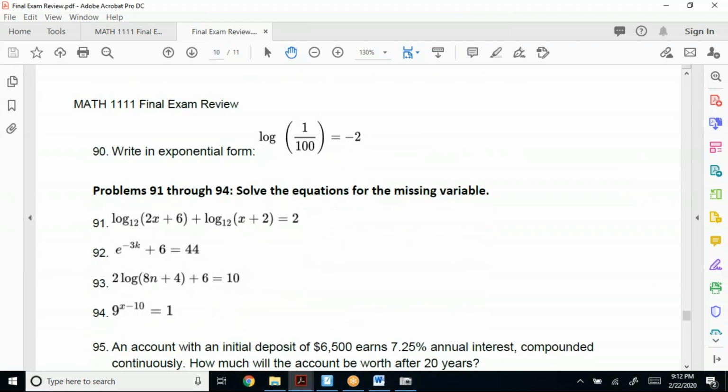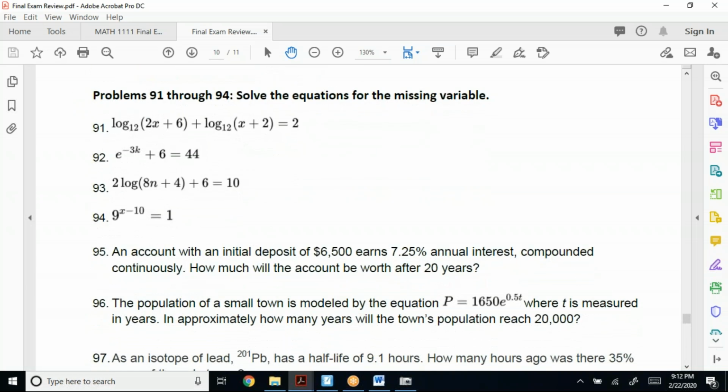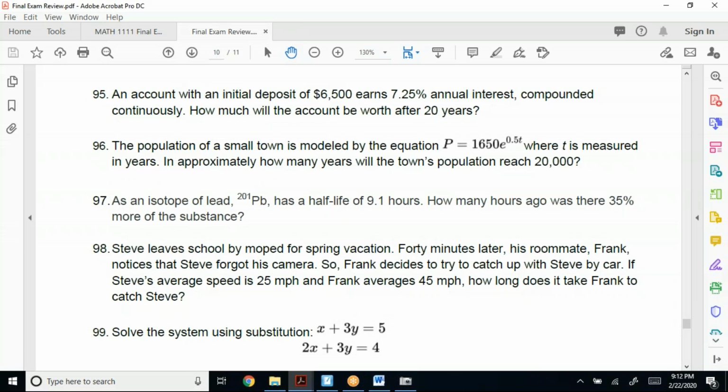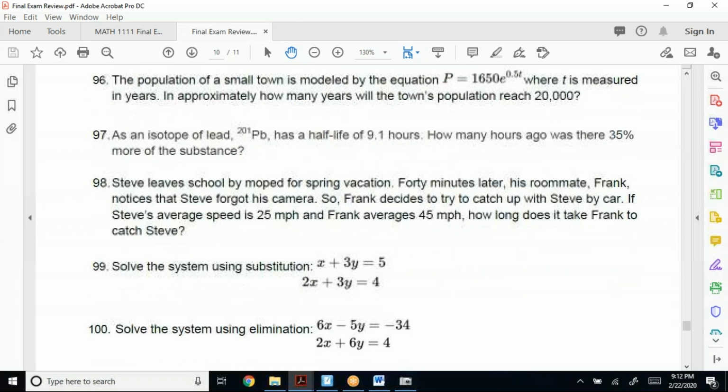Exponential, yes, yes, yes. 95 is a real good one. 96, if we'd ever looked at that, but I think 96 maybe y'all can look at that.